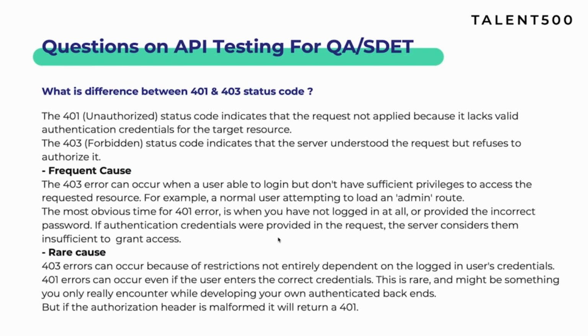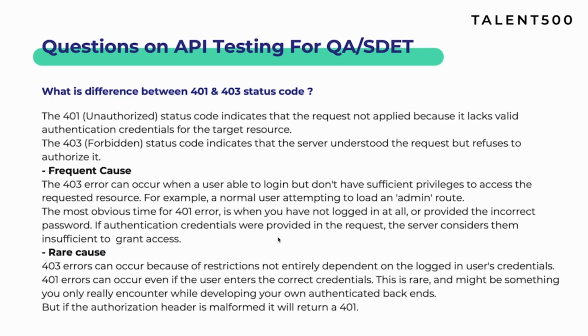So what is 403 now? 403 is forbidden. A real-time example of forbidden would be that the username and password are correct. That means there is no problem in your credentials. But what happened? For the table or the data you are trying to access, you don't have proper access. What do we mean by that?